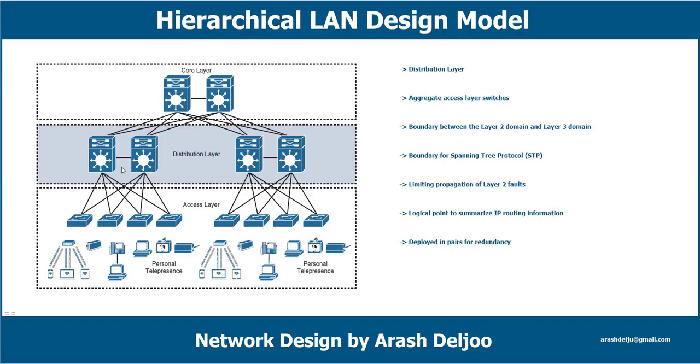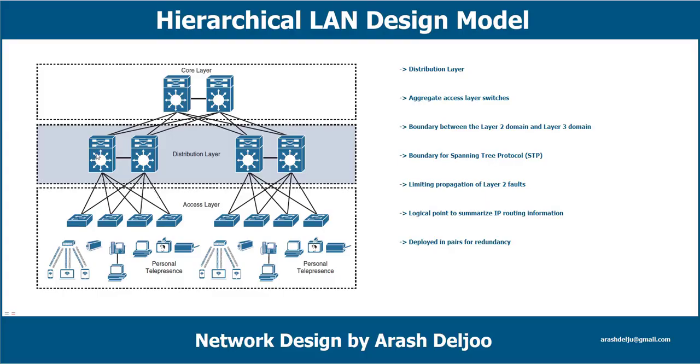Here, as you can see, in the distribution layer we have a point for aggregating the traffic of access layer switches, and also this is the boundary between the layer 2 domain and the layer 3 domain. Here we have the layer 2 domain, and here we have the layer 3 domain. On the layer 2 side, this is the boundary for the spanning tree protocol.